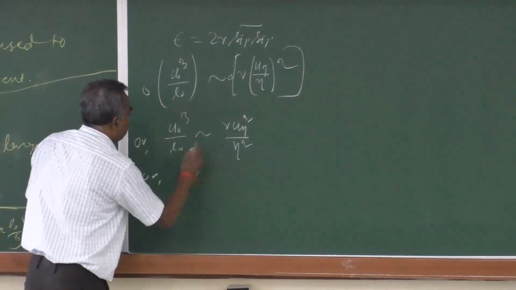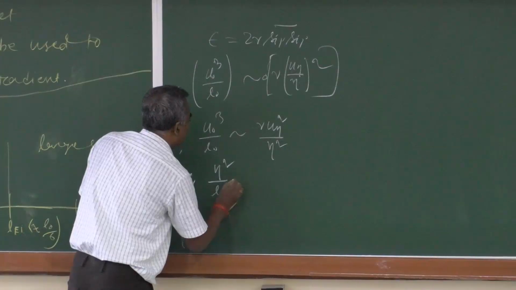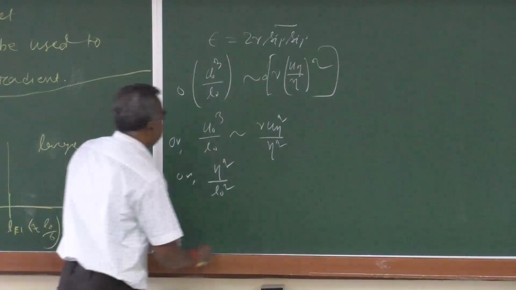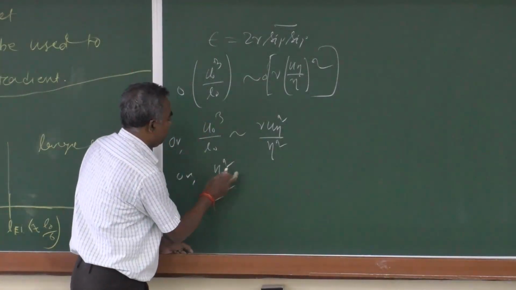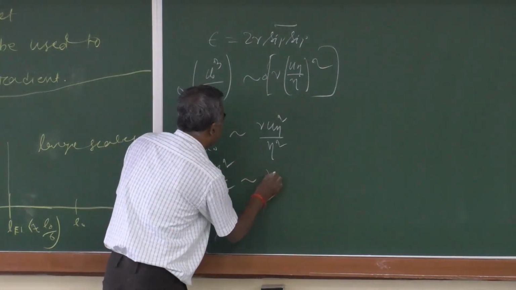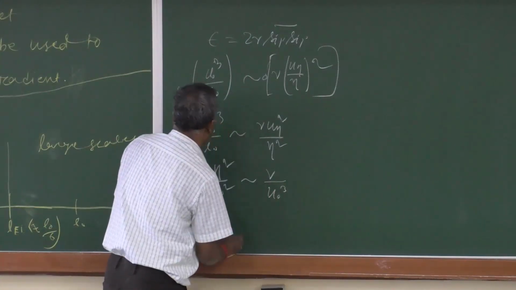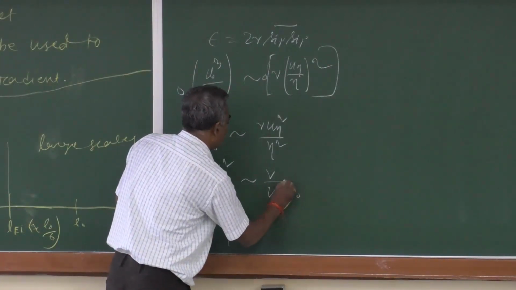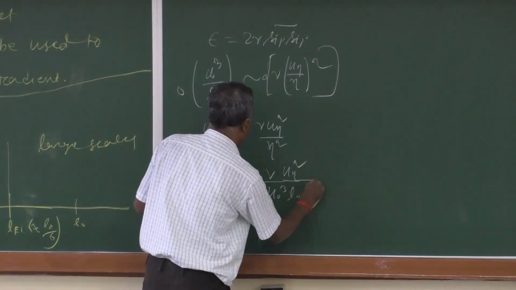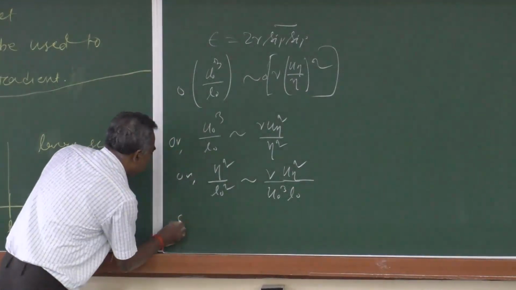or let us take this eta square here and L naught square, right, and so this is eta square L naught square, and this can be written as nu by u naught cube, okay, L naught eta square. Okay. So, we need to do a little bit of manipulation.